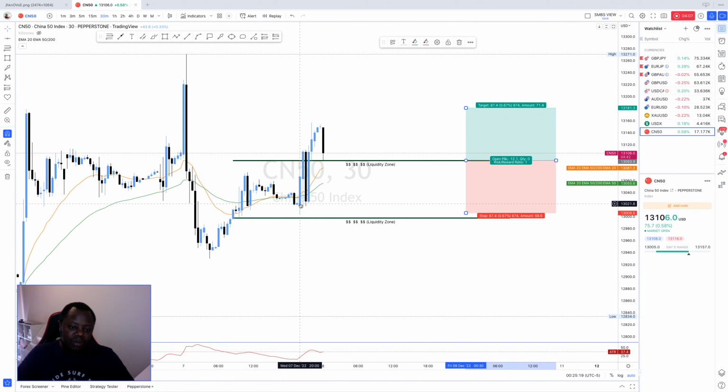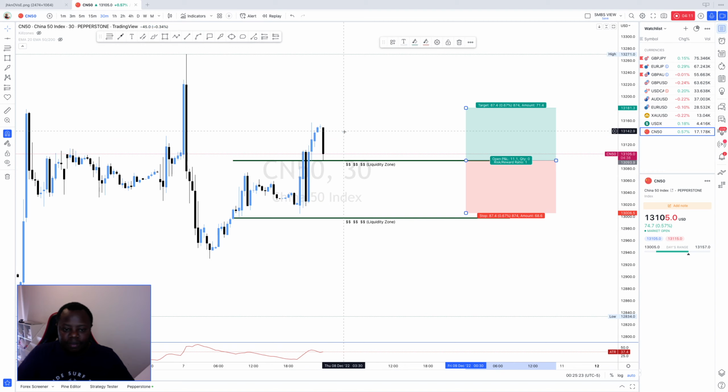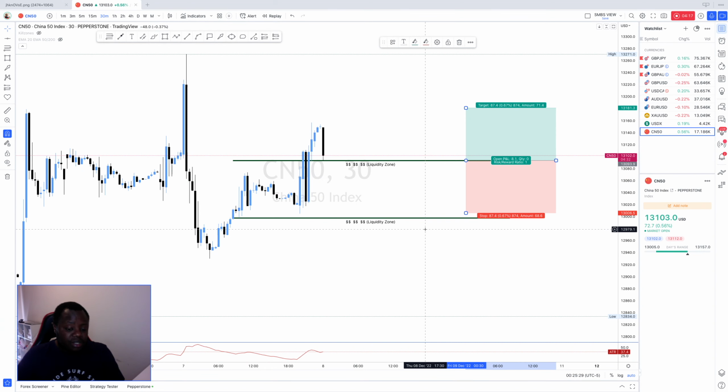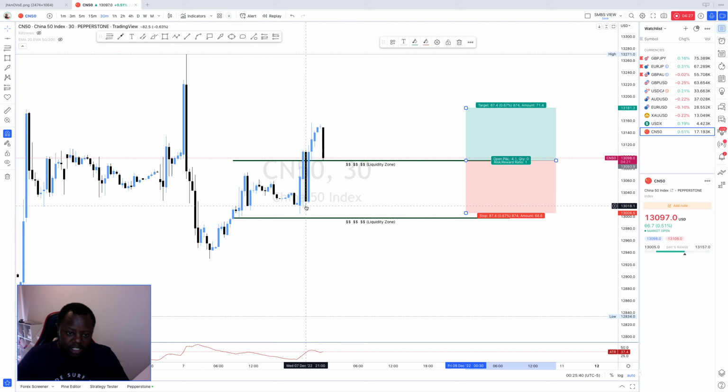Some people will just look at the lowest former previous candle, and put their stop loss there. But for me, I use the ATR. What the ATR means is I'll look at the lowest candle where I want to put my stop loss. For example, when price went down, this was the last point that price reached.